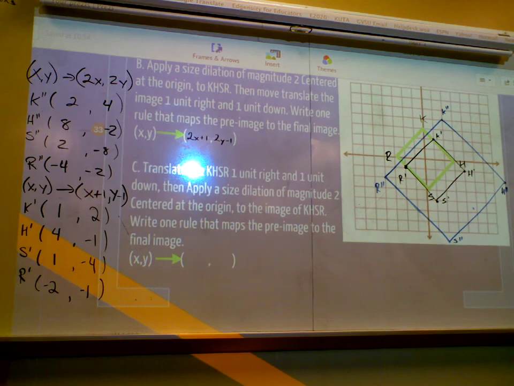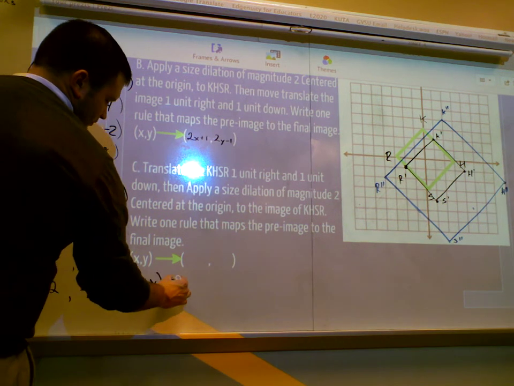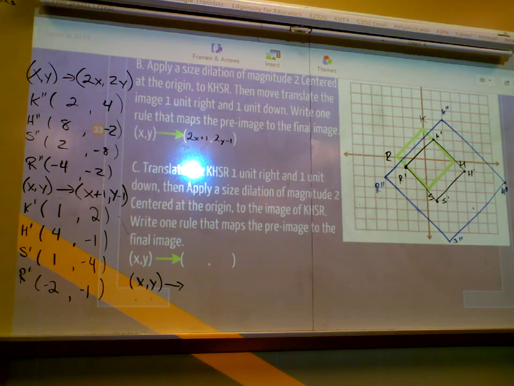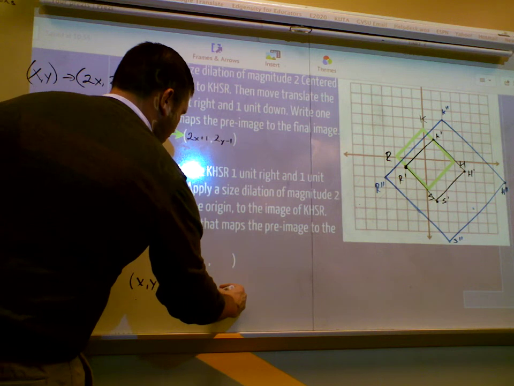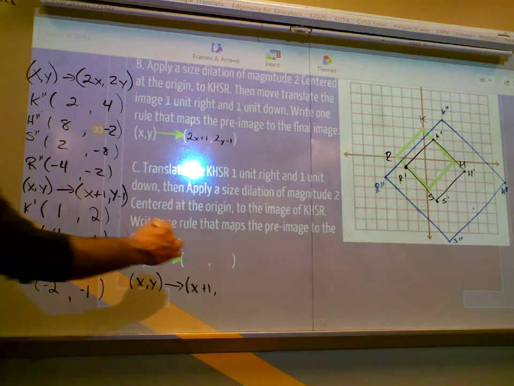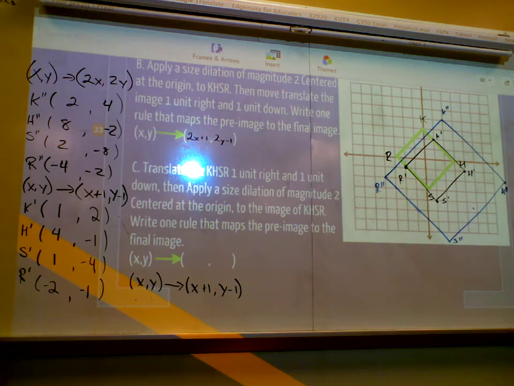All right. Now we got to find our combined rule, right? So, we started with x comma y, didn't we? Then what did we do first? We added 1 to x. And what did we do with the y? Subtracted 1. Right? Does that make sense?